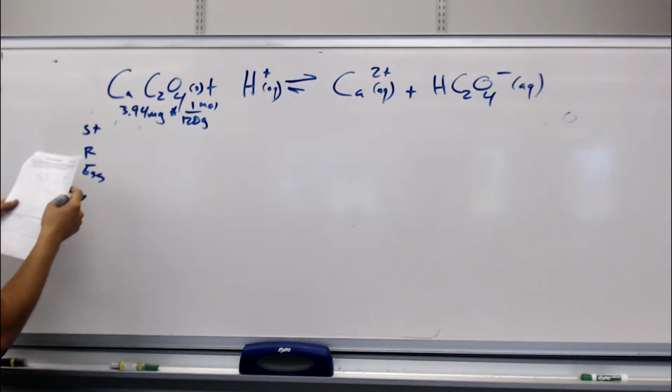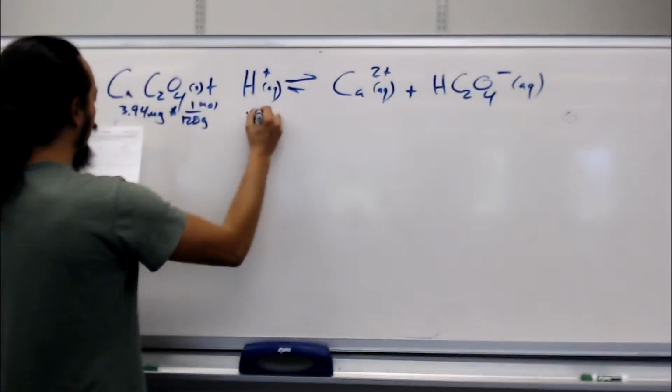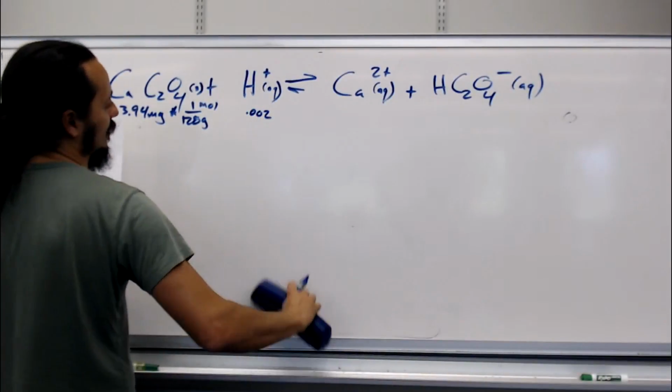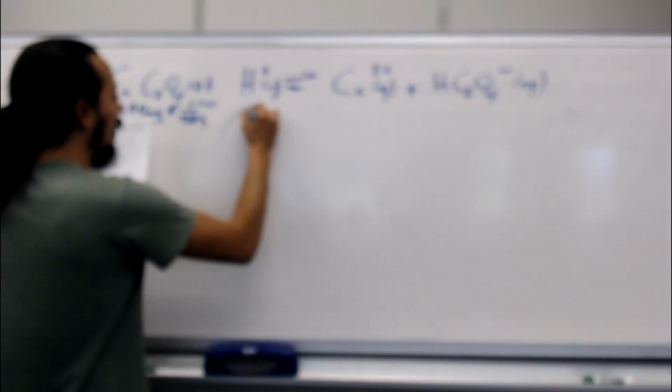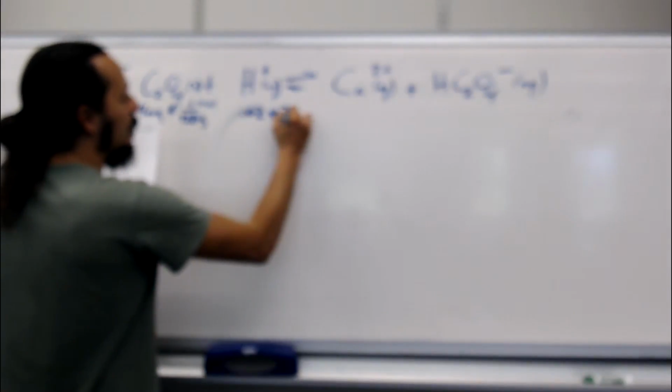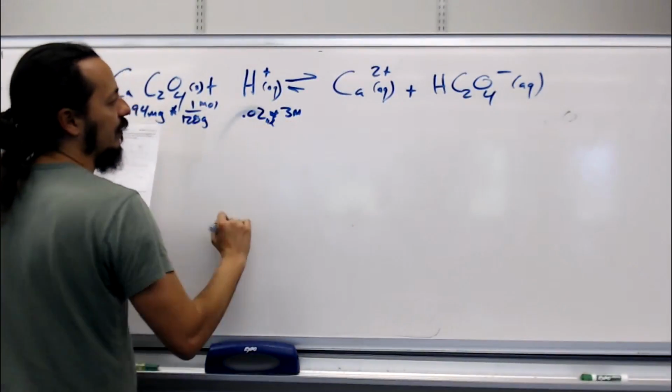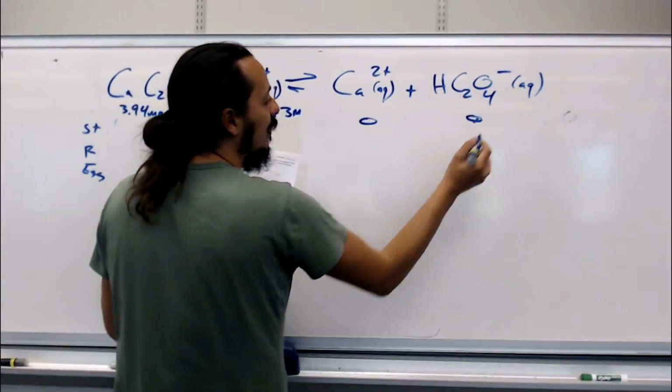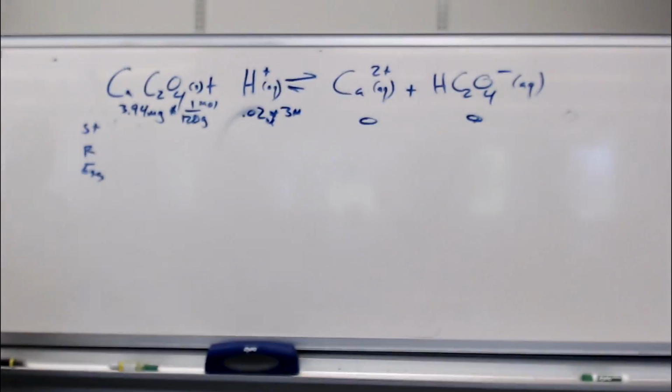My H plus is going to be 0.02 liters times 3 molar. It's milliliters. I'm going to assume that I've got zeros there. I do 0.394 divided by 128.